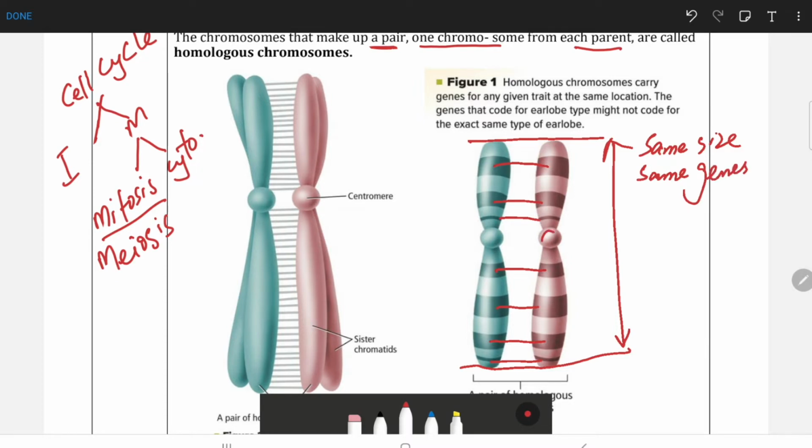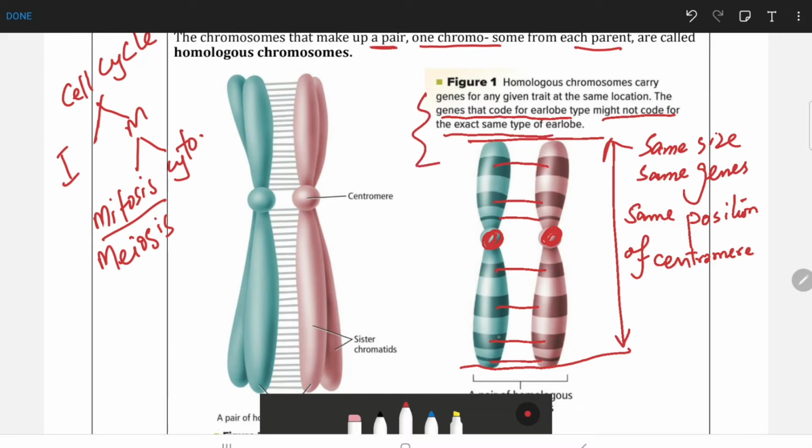Now the most important thing is the location or position of the centromere: the same position of the centromere. But there is another thing that we have to notice. The genes that code for earlobe type, or any type, might not code for the exact same type.